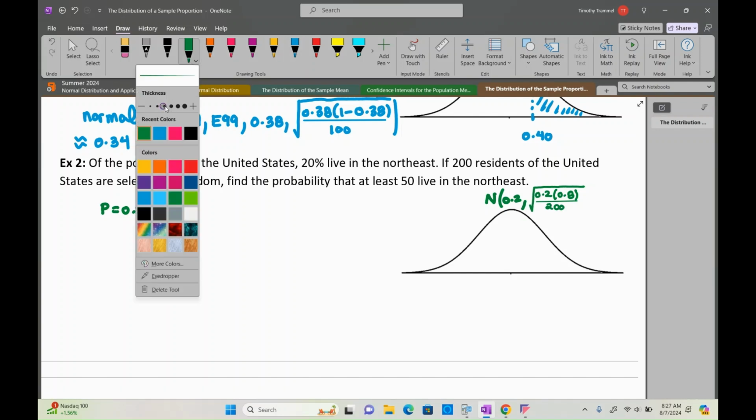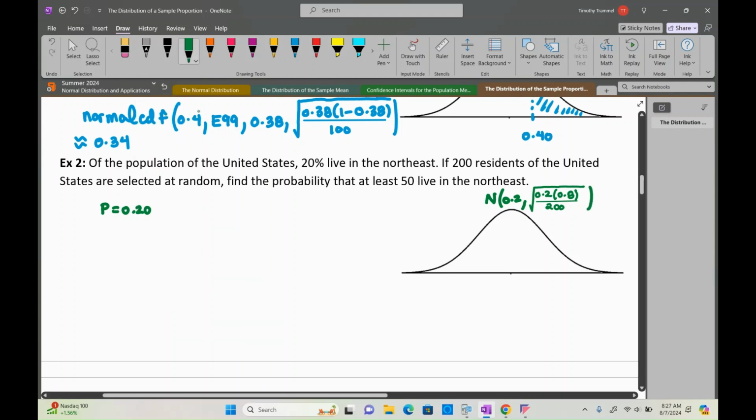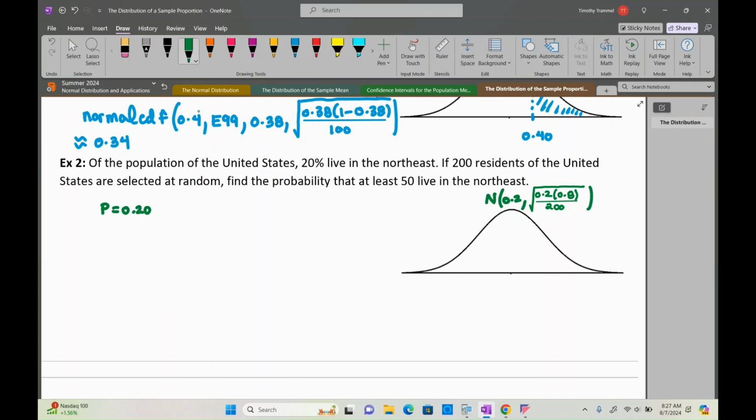Then let me close that off. If 200 residents of the United States are selected at random, find the probability that at least 50 live in the Northeast. So at least 50.